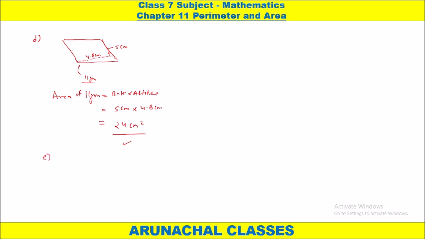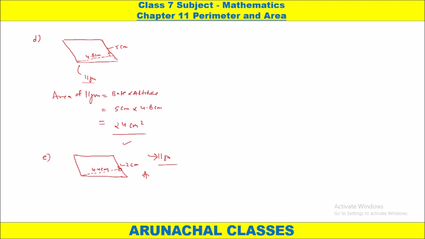We have the next figure which is given in this question 1. Here we have a figure which represents a parallelogram. I can see here the altitude, that is 4.4 centimeter, which is perpendicular on the base, and this base value is given as 2 centimeter. So this is our parallelogram.